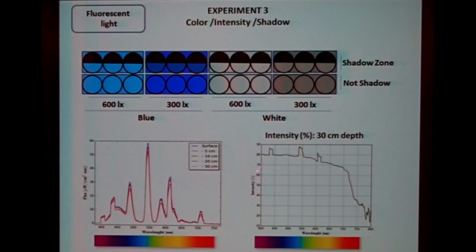For example, in these pictures, you can see how the intensity is reduced between the surface and 30 centimeters. The blue light maintained maybe only 20%, but the yellow or red light is reduced on a bigger scale. So this is the effect.